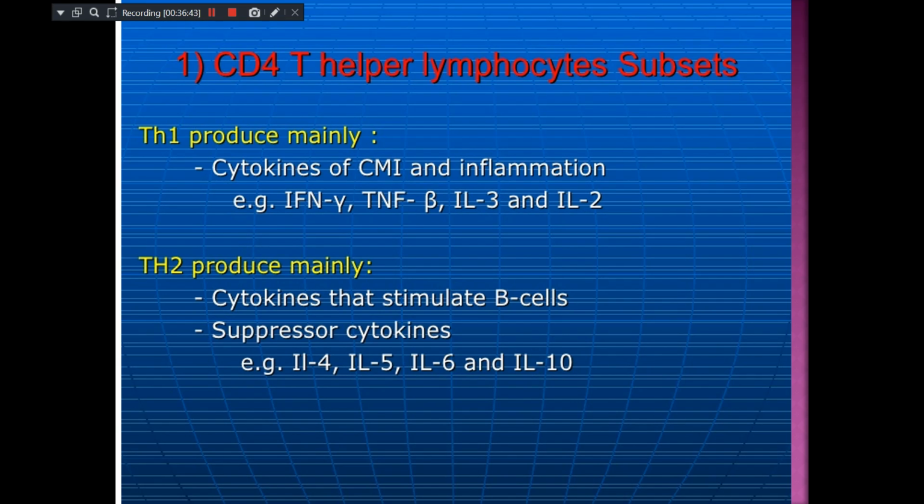The helper T2 cells also produce cytokine, but that cytokine will stimulate B cells.